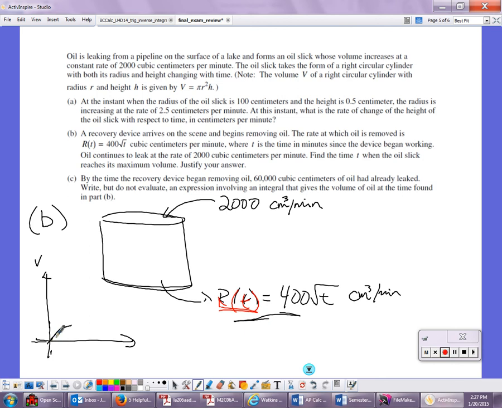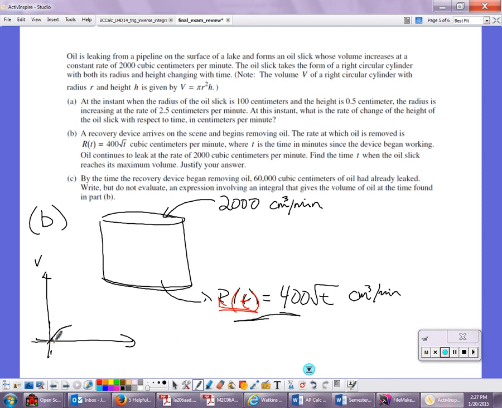At T equals 0, the amount that's coming in is still 2,000 cubic centimeters per minute, but the amount coming out at T equals 0 is 0. Nothing is being removed. After 1 minute, 400 cubic centimeters per minute are coming out. After 4 minutes, 400 times 2, 800 cubic centimeters per minute are being removed.